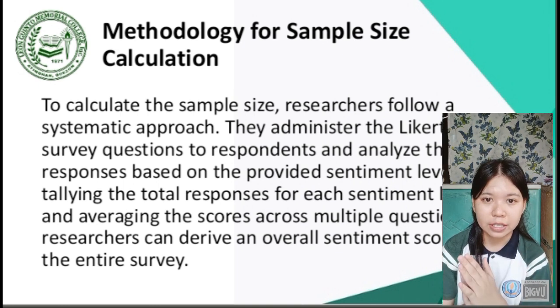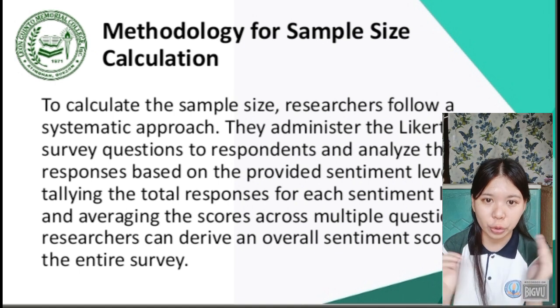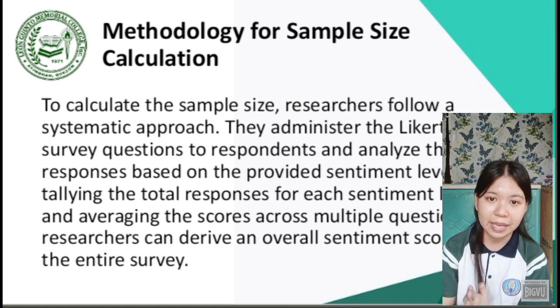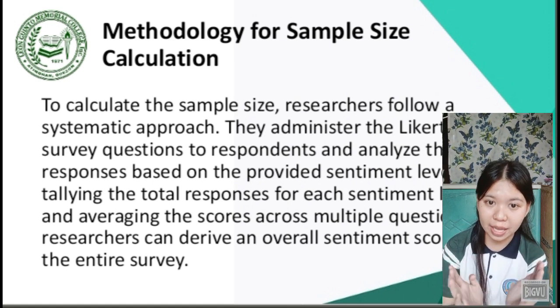Next is for the overall survey score. The average sentiment score for the entire survey is found by adding up the score for each question and dividing by the total number of questions asked.